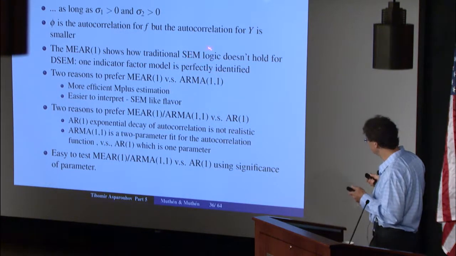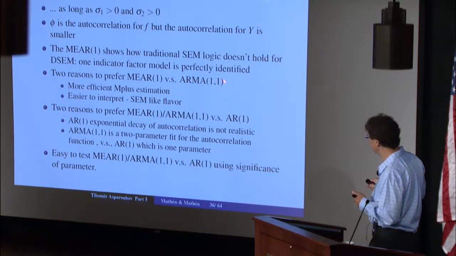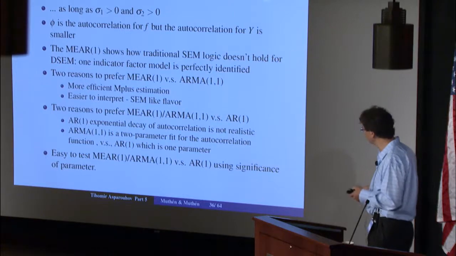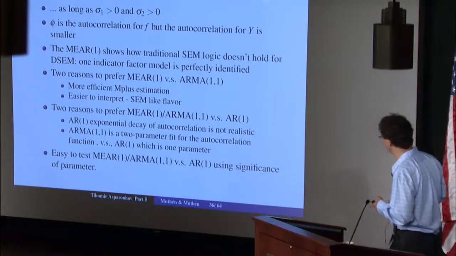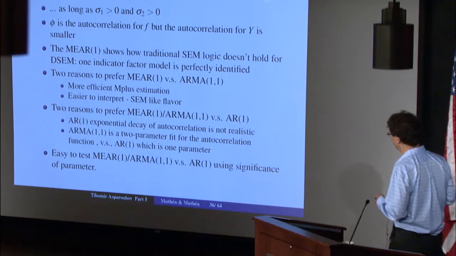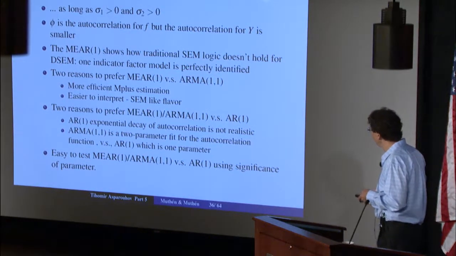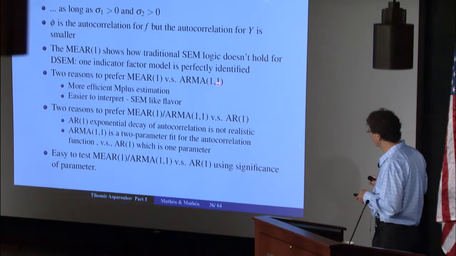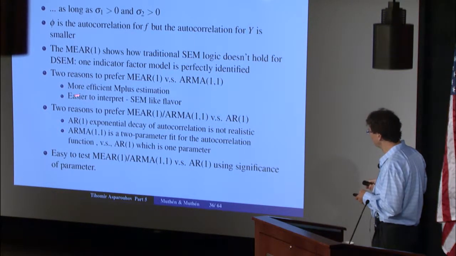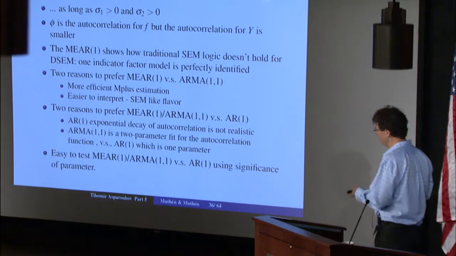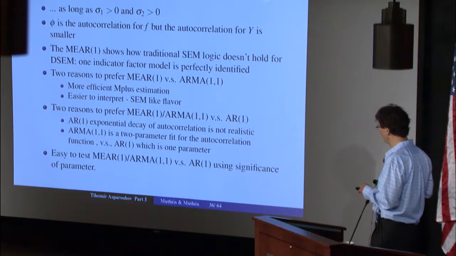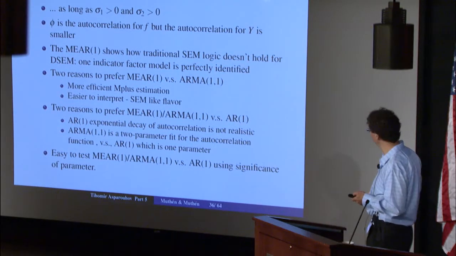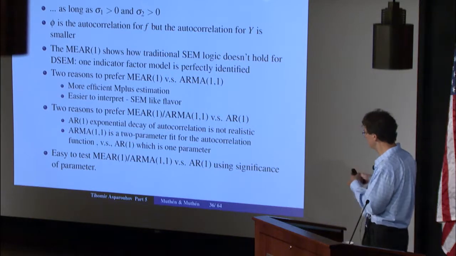And this model again shows that traditional SEM logic does not hold in the DSEM framework. One indicator factor model is perfectly identified. There are 2 reasons to prefer the MEAR1 model versus the ARMA 1-1 model. In Mplus, it's a more efficient estimation for that model. The ARMA 1-1 model, as Bengt showed you yesterday, requires fixing of residuals to 0.